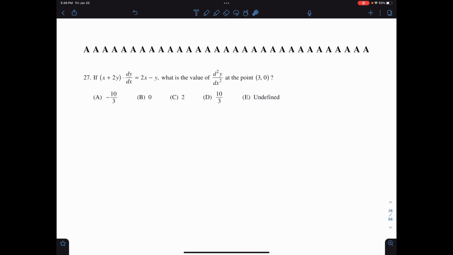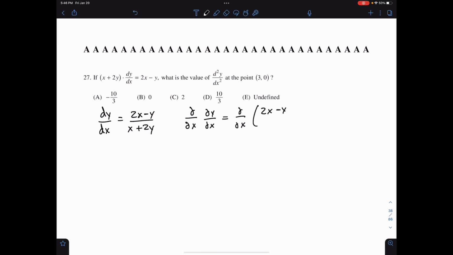So the way I do this is by isolating dy/dx, and then I take the derivative of that. So to isolate this, I get dy/dx is equal to (2x minus y) all over (x plus 2y). So now the derivative of this, which I can write as d/dx of dy/dx, is equal to d/dx of (2x minus y) over (x plus 2y).